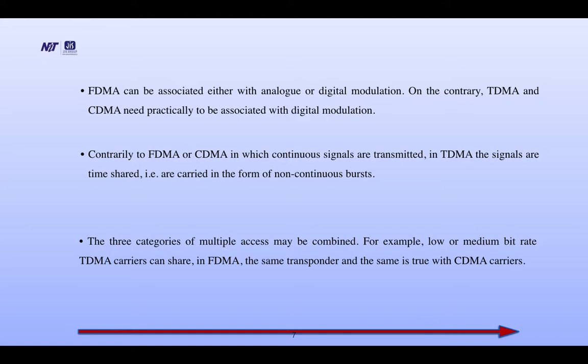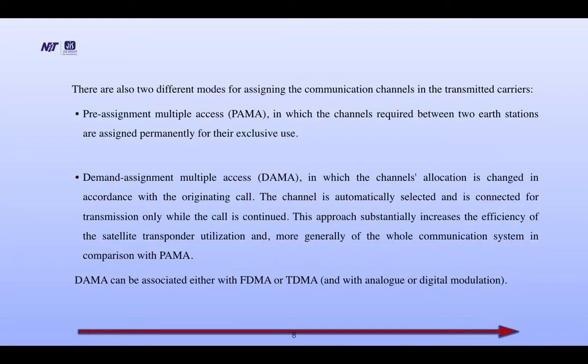Contrarily to FDMA or CDMA, in which continuous signals are transmitted, in TDMA the signals are time shared, that is, are carried in the form of non-continuous bursts. The three categories of multiple access may be combined. For example, low or medium bitrate TDMA carriers can be shared in FDMA in the same transponders, and the same is true with CDMA carriers.